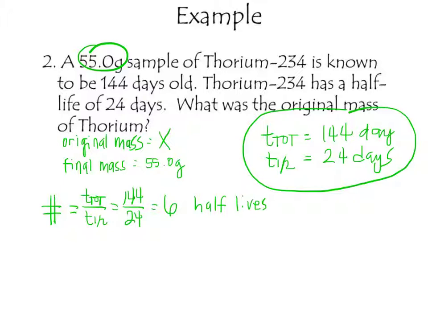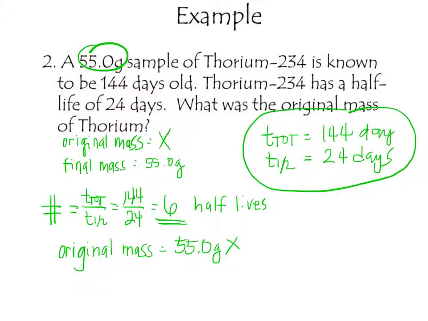So in order for us to answer this question and determine the original mass, instead of dividing 55.0 grams by 2, we're actually going to multiply it by 2. And guess how many times we're going to multiply it by 2? 6 times, because that's how many half-lives it went through.